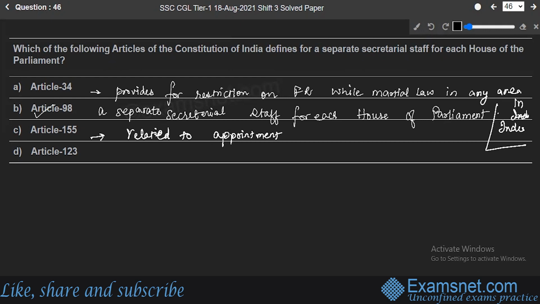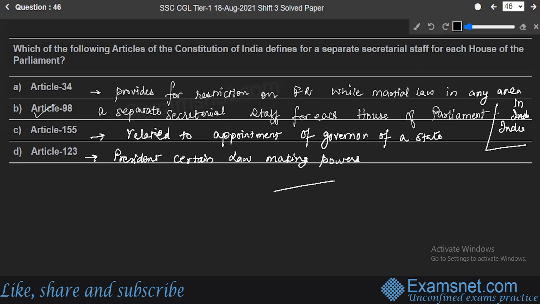Article 123 of the Indian Constitution grants the President certain lawmaking powers when either of the two houses of the parliament is not in session. So our answer to the question is option B.